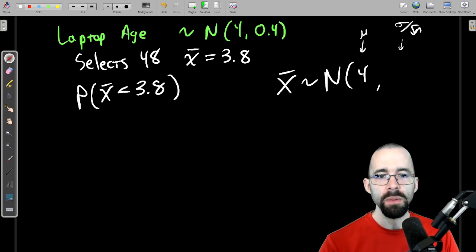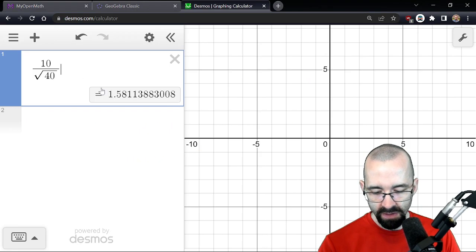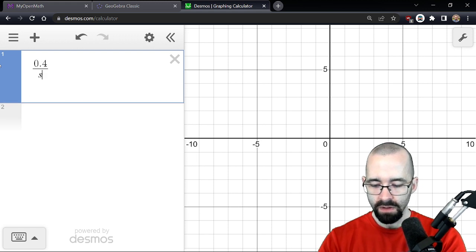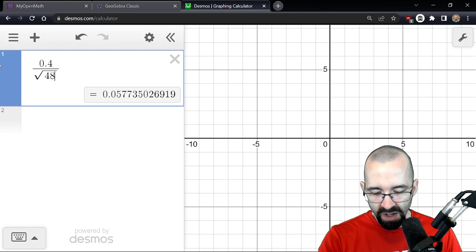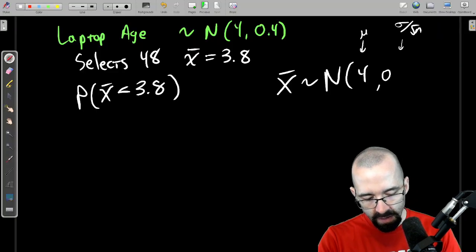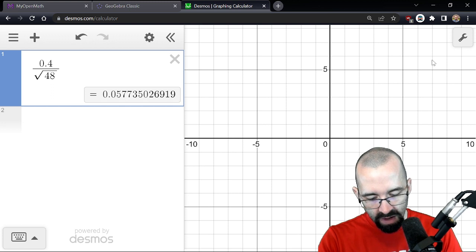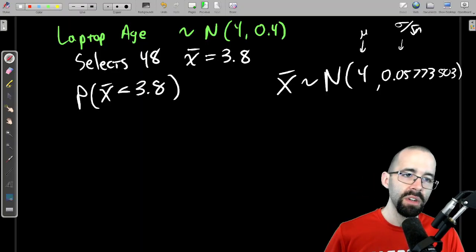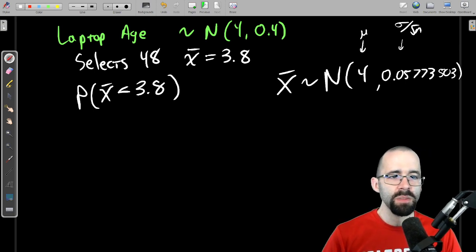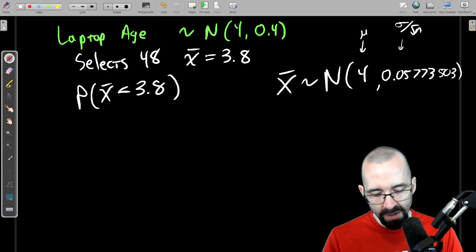So 0.4 divided by the square root of 48. Our standard deviation is 0.05773503. You don't need this many for the quiz. Usually 4 significant figures is going to be good for the quiz, but always best to play it safe with MyOpenMath, I think.